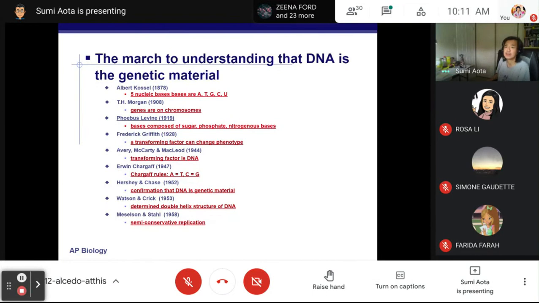So this basically summarizes the timeline for understanding that DNA is the genetic material. Kossel said that the five nucleic bases are A, T, G, C, and U. Morgan said genes are on chromosomes. Levene said that nucleotides are sugar, phosphate, and nitrogenous bases.